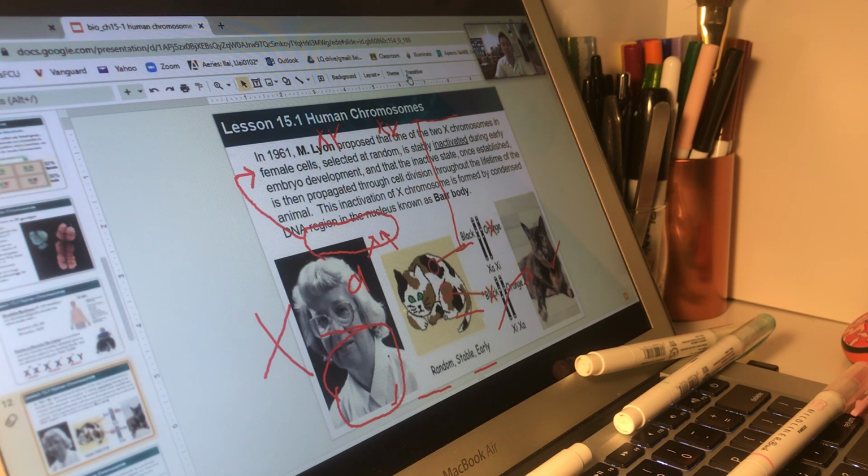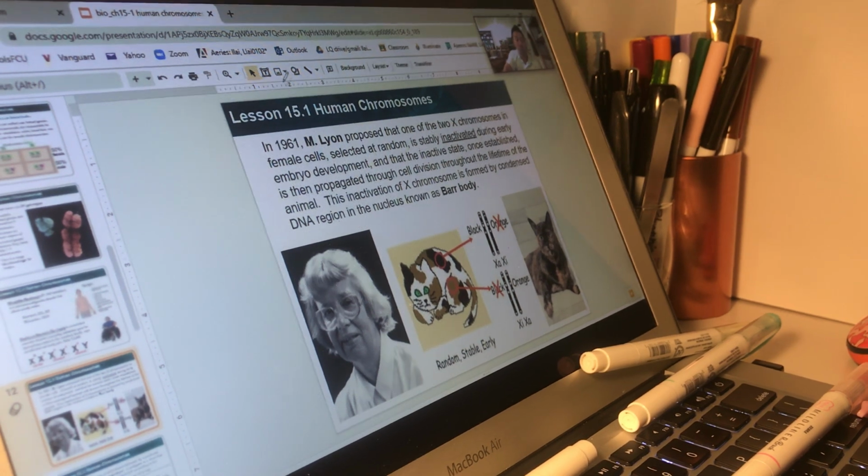Now, something new. In 1961, this lady, Lyon, her last name is Lyon, was studying sex-linked diseases on the X chromosome. She was studying the X chromosome, and this is what she discovered.